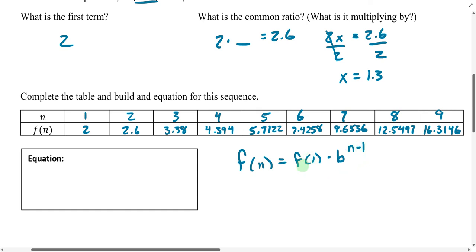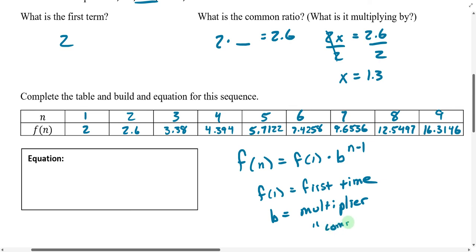Okay, so this is the first term, and b is the multiplier, or the common ratio. Okay, so we call this a lot of things. And we actually have both of those pieces of information already.